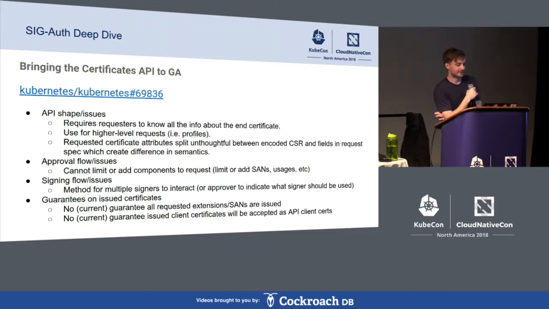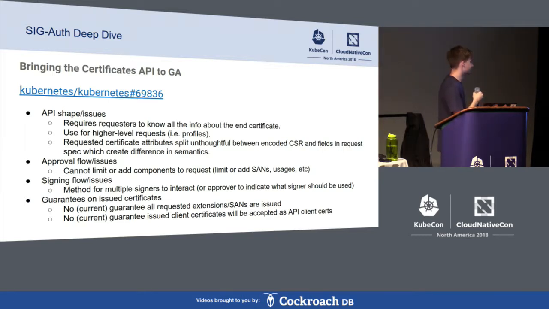That causes situations where maybe you have an init container that wants to request a serving certificate for itself and all the services that it backs. However, in order for that init container to discover generically the services that the pod backs, it has to have broad read permission on the API. So some of these problems could be addressed by migrating some of those fields, usages, and extensions out of the actual ASN1 body and into the CSR API object.